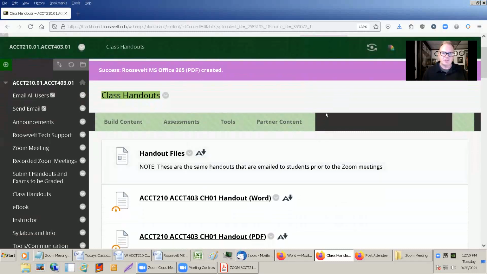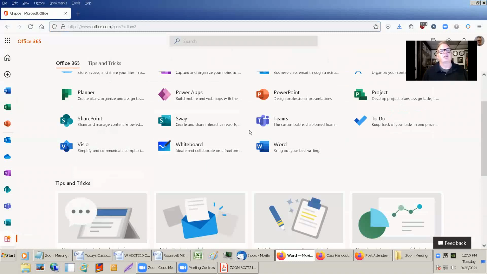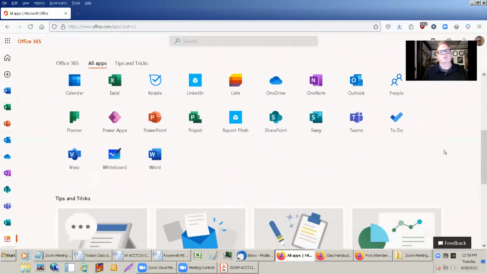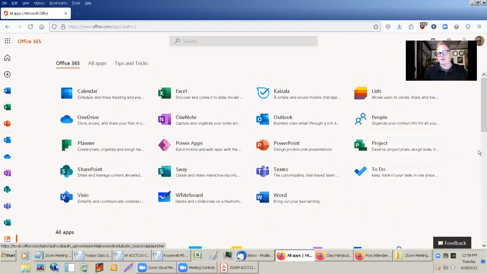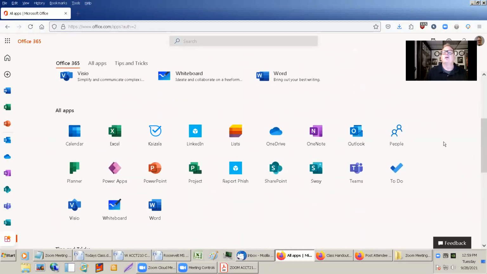Now, does anyone else have any problems with those? But anyway, just to let you know, all this stuff is available to you. And here's all the apps that are available. A whole bunch of them. And again, I say it's free, but actually it's probably coming out of your tuition.